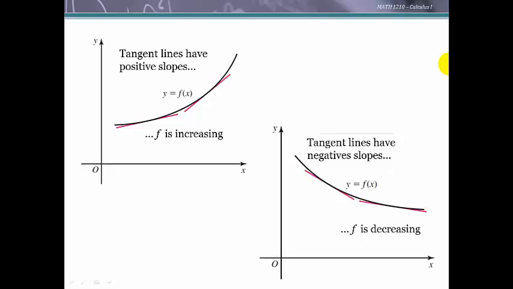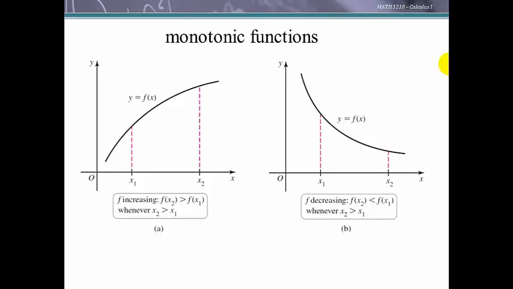Let's see how we can officially define increasing and decreasing by looking at some monotonic functions. Mono means one, and a monotonic function is a function that just does one thing, meaning it's always increasing or always decreasing. So here is our always increasing function.